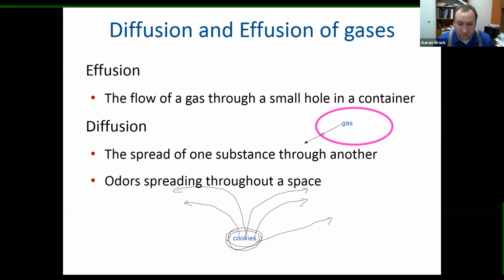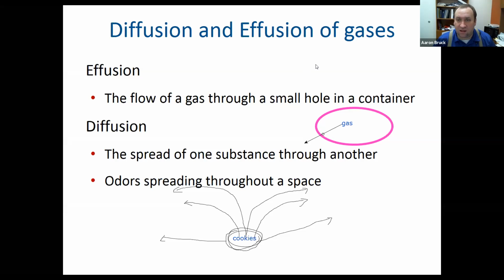And it's going to go to whatever spot, wherever it is possible, that particular aroma, whatever that molecule is that gives cookies their great smell, that odor, that gas, that vaporized substance makes its way throughout the rest of the house. And so that's diffusion. So effusion is the movement of a gas through a small hole. Diffusion is the movement of a gas through space.